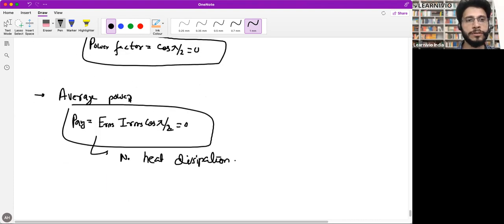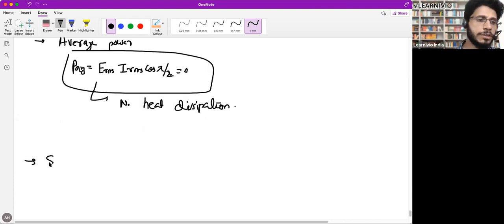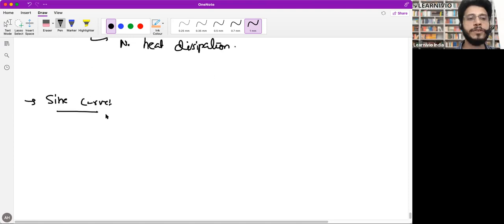Okay. After average power, they will ask you to draw the sine curve. For the sine curve, I will use these two equations. One is EMF, which is E naught sine omega t.